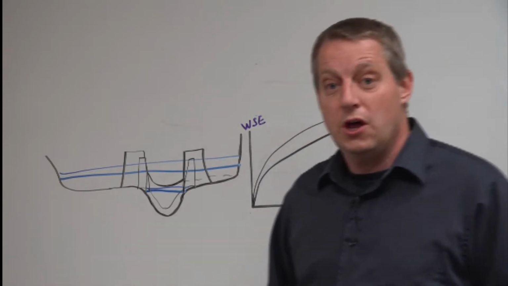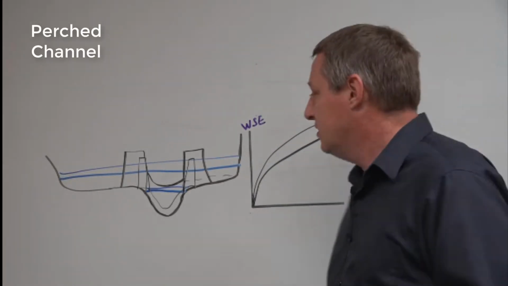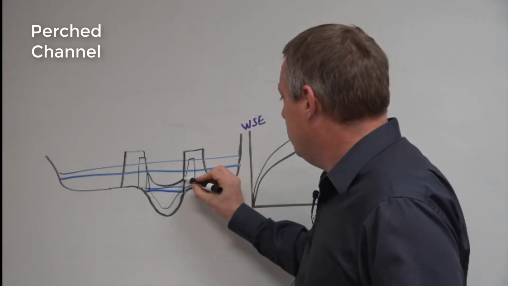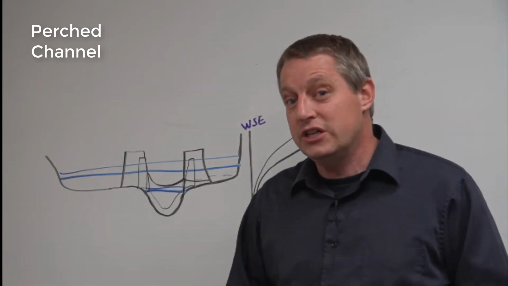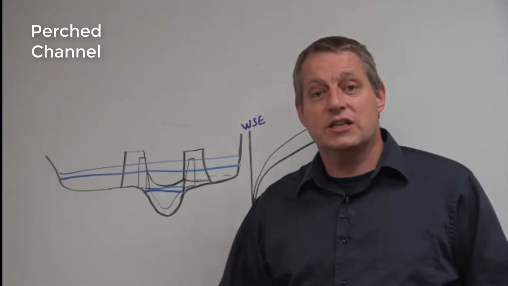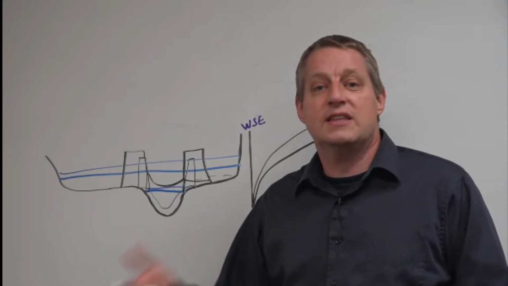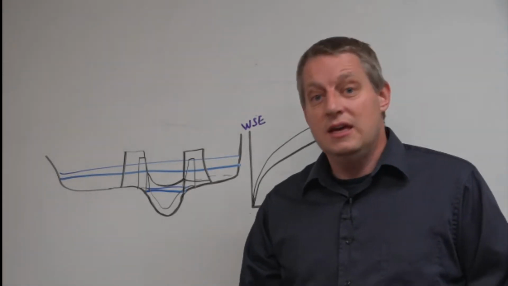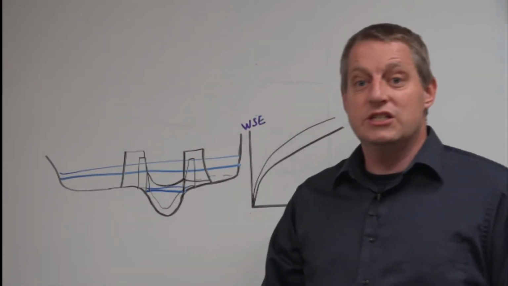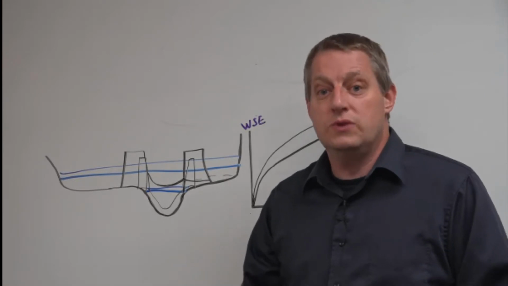This is a condition that we call a perched channel, and it's pretty dangerous because you are introducing new failure planes, new failure modes, and exacerbating the fragility curve. At the end of your project, you've actually introduced residual risk that wasn't there before. And so one of the questions we have to ask is, is the future with project condition actually going to induce risk due to some of these processes?